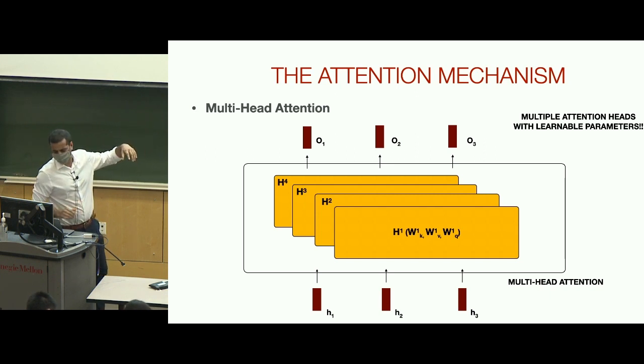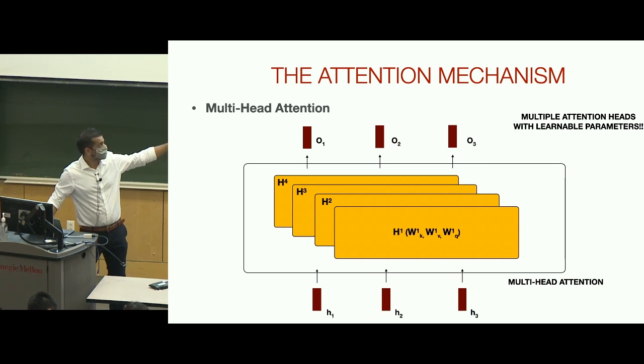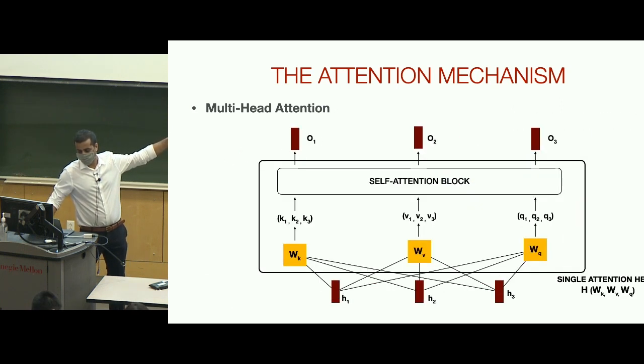So going back from here, we have multi-head attention, which is used in the transformer, which is composed of multiple single-head attention blocks, which is nothing but a bunch of linear combinations applied and then a self-attention block. And all of this we've studied.